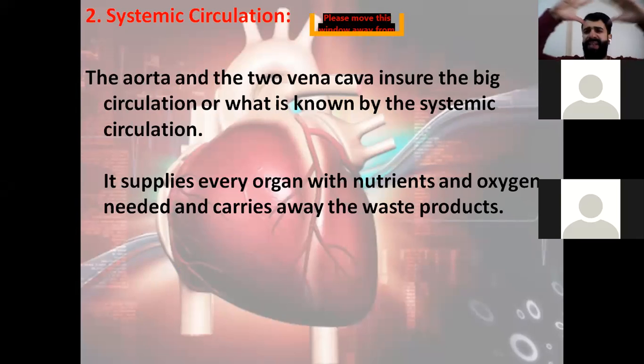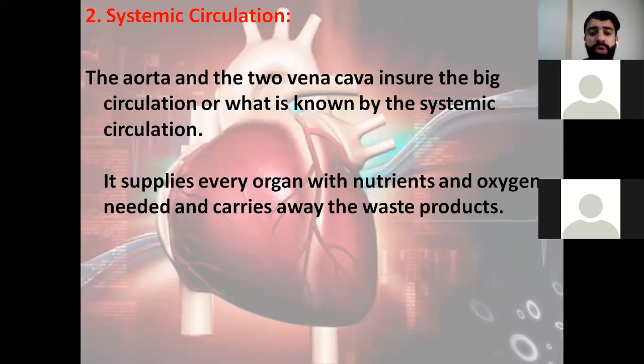Systemic circulation, or the big circulation, supplies every organ with nutrients and oxygen, and it carries away all the waste products. So you have to keep it in your mind. The systemic circulation has an important function: it supplies every organ with the nutrients and oxygen needed and carries away the waste.